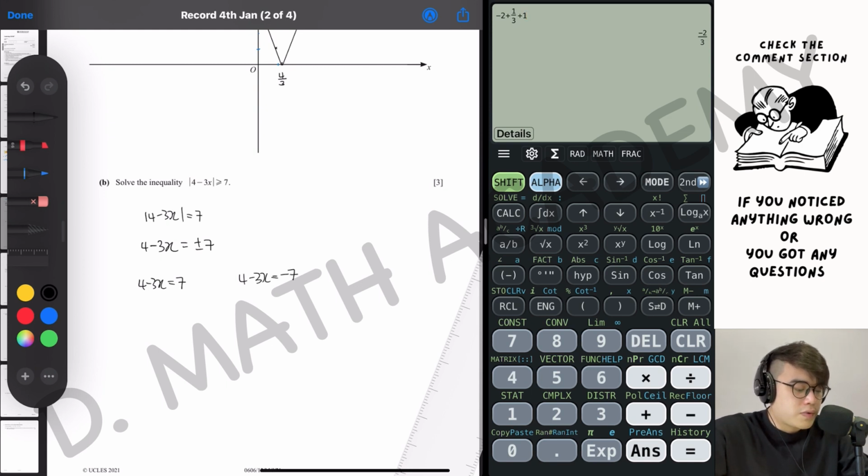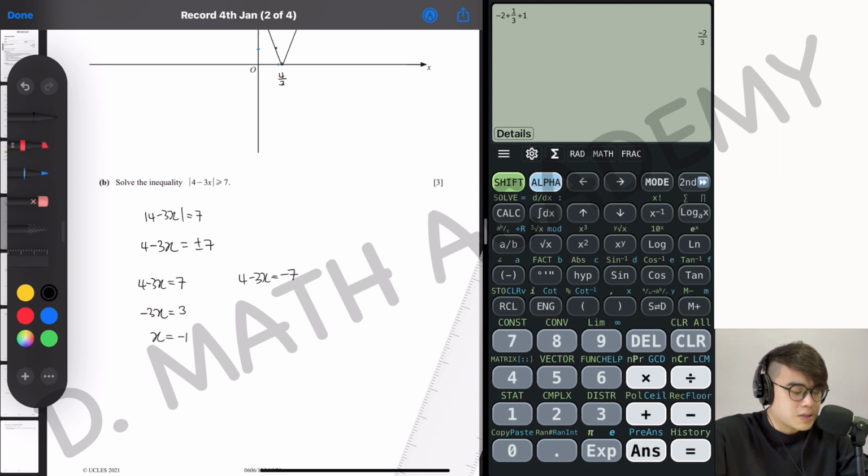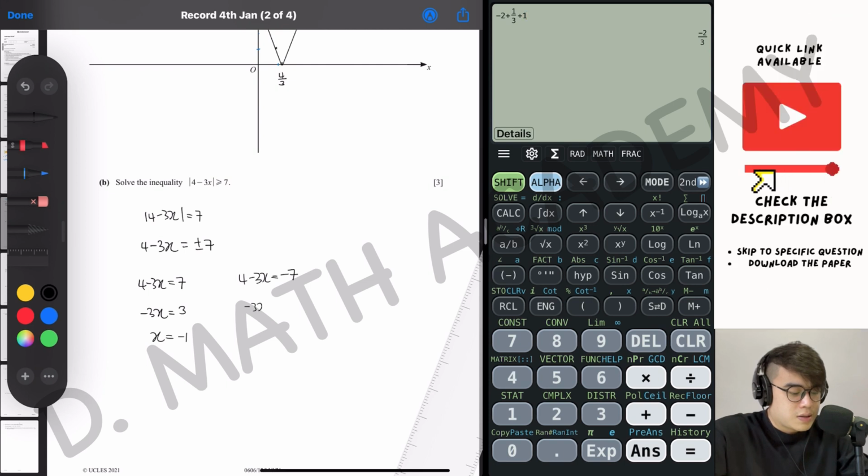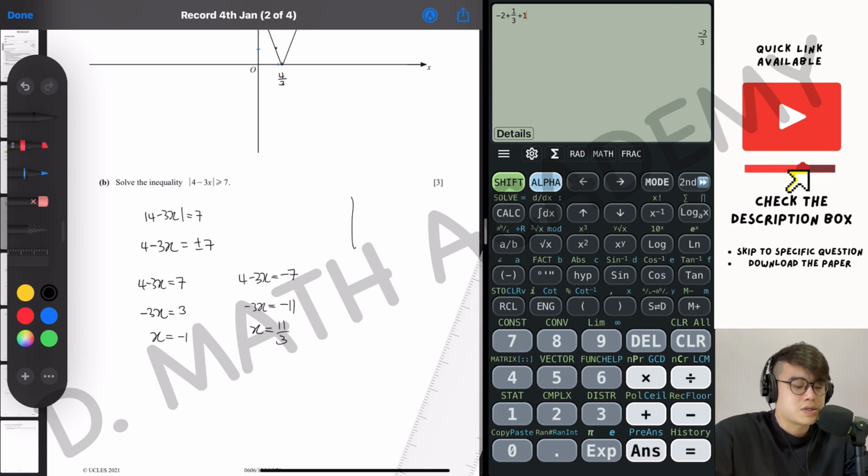As we proceed with our calculation, you will get negative 1 as well as 11 over 3. And the question wanted us to find the values where it's specifically more than 7. If you refer to the graph at the top, it looks like this.